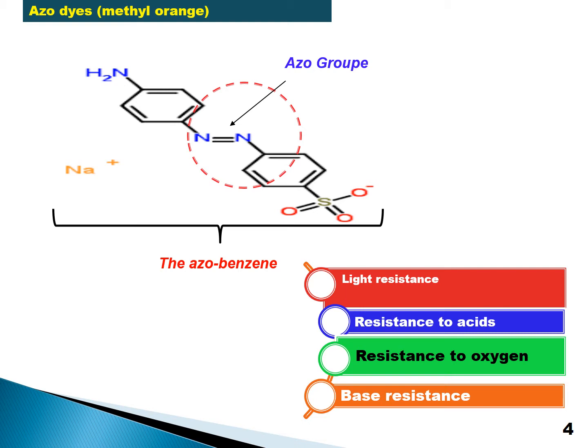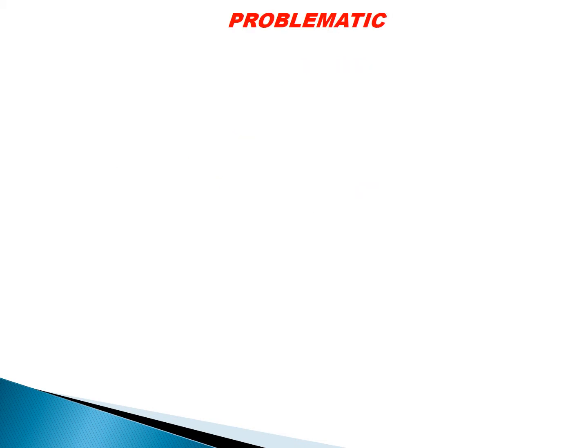Methyl orange is characterized by resistance to light, acids, oxygen, and bases.